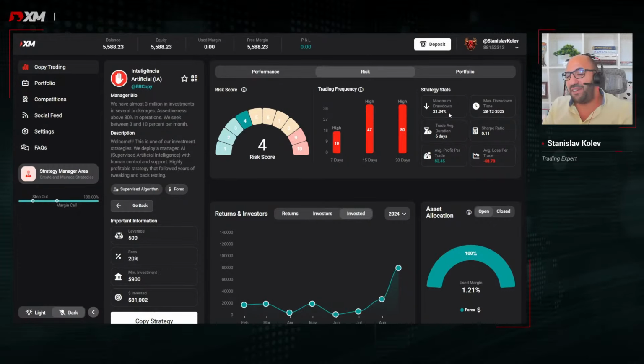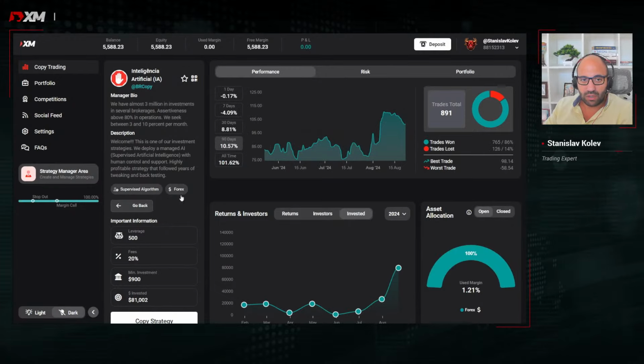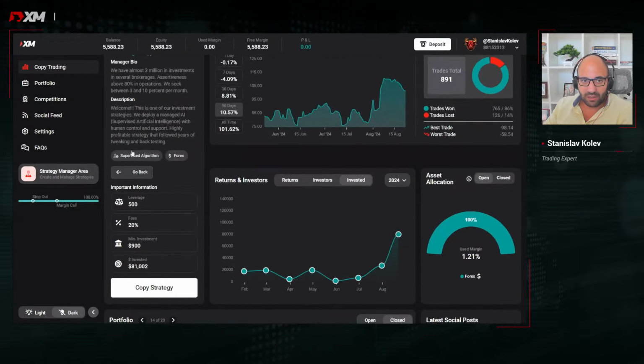You get 5 times bigger reward in terms of the maximum drawdown, which is great. I say that's fine. Top winners: euro dollar, pound dollar, New Zealand. Top traded: pound dollar, euro dollar, pound Aussie. I like this strategy, and I also look to copy and replicate it.